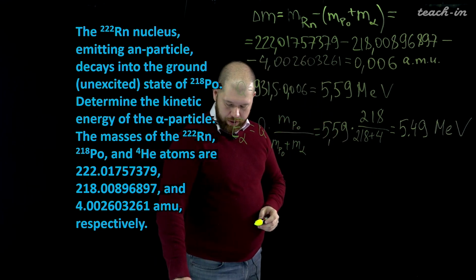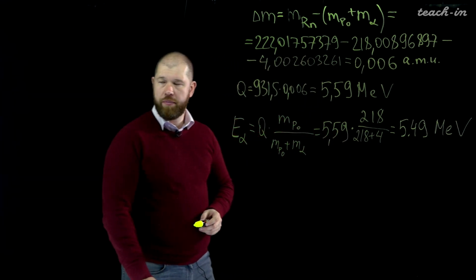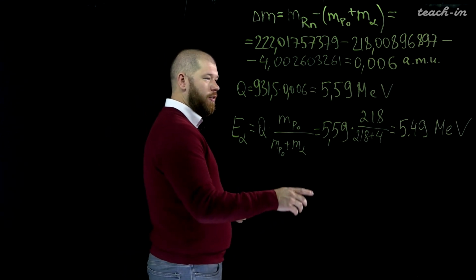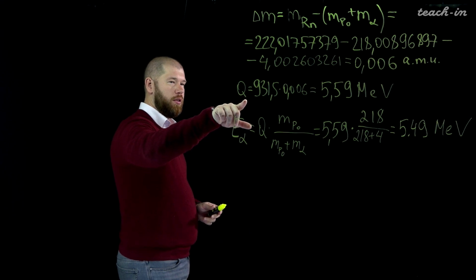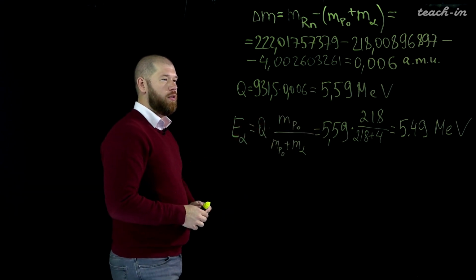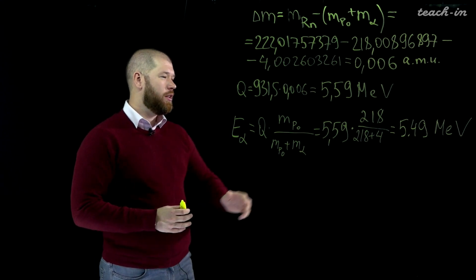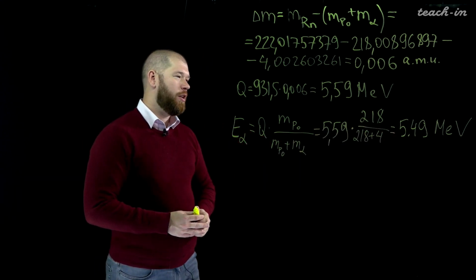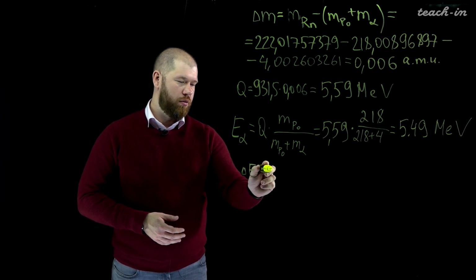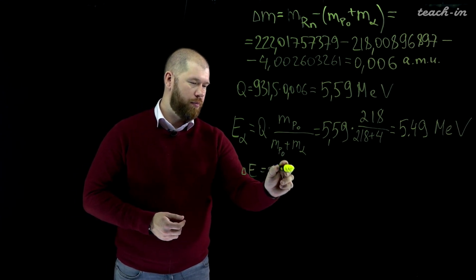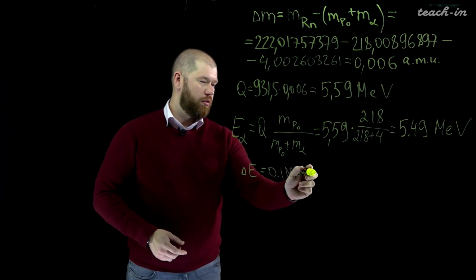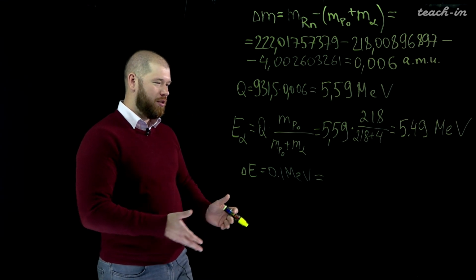So we obtain this number, and we see that the difference between the total energy of the nuclear decay, 5.59 mega electron volts, and the energy of alpha particles is around 0.1 mega electron volts, and this energy is not lost.